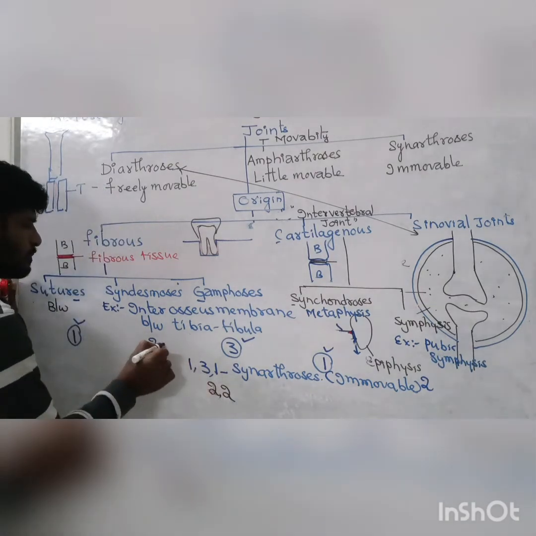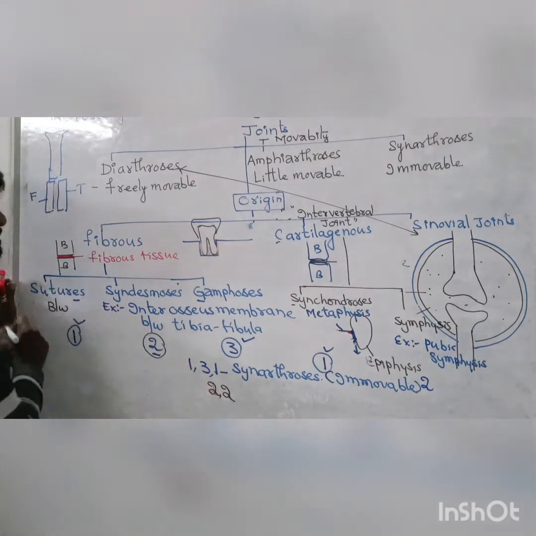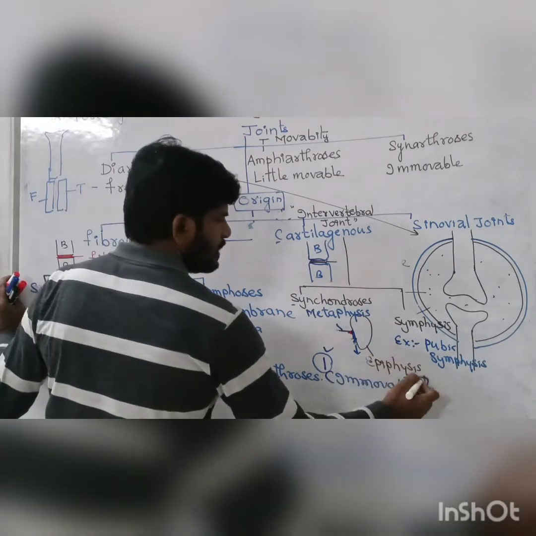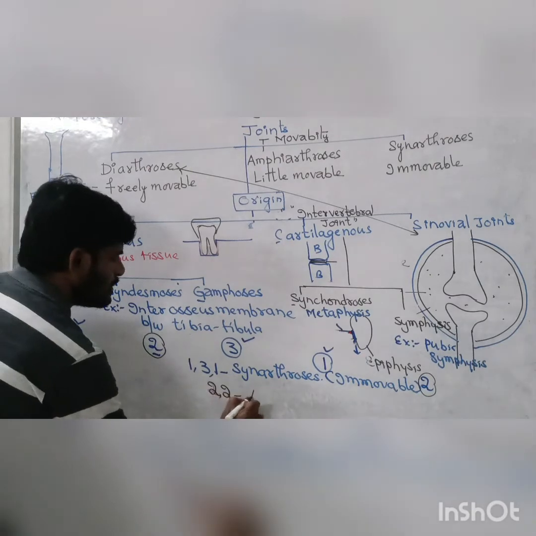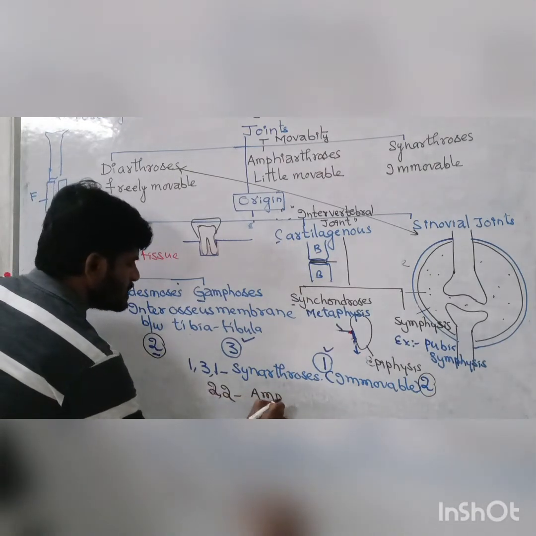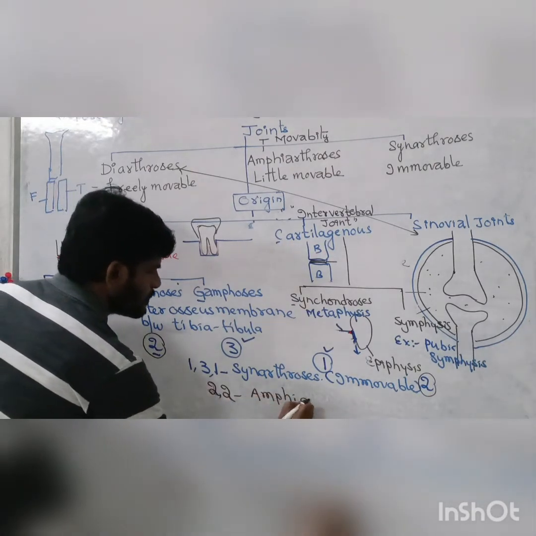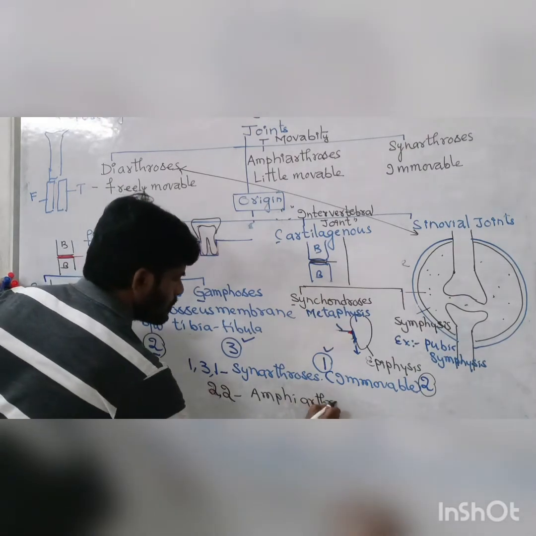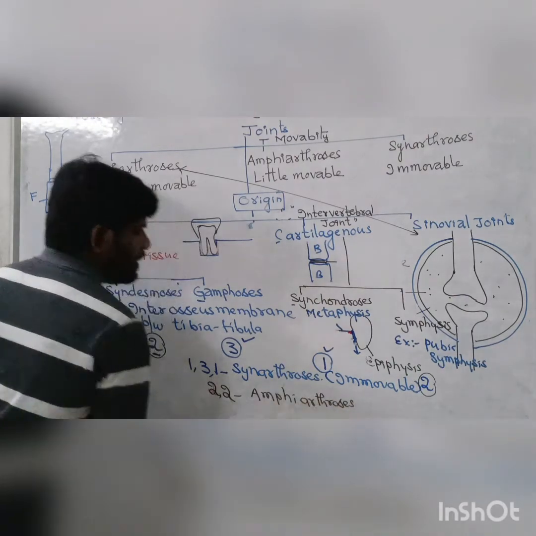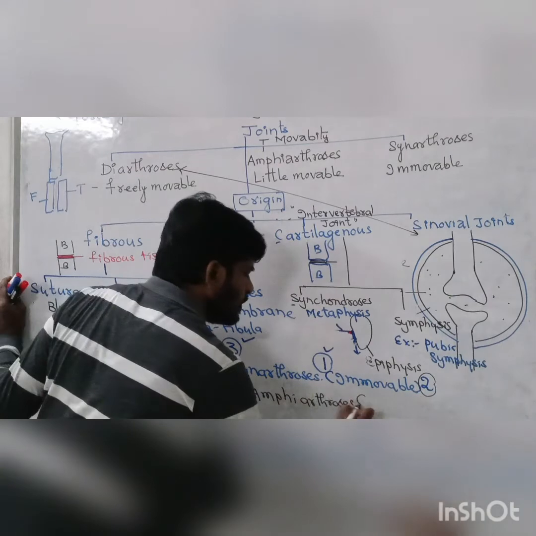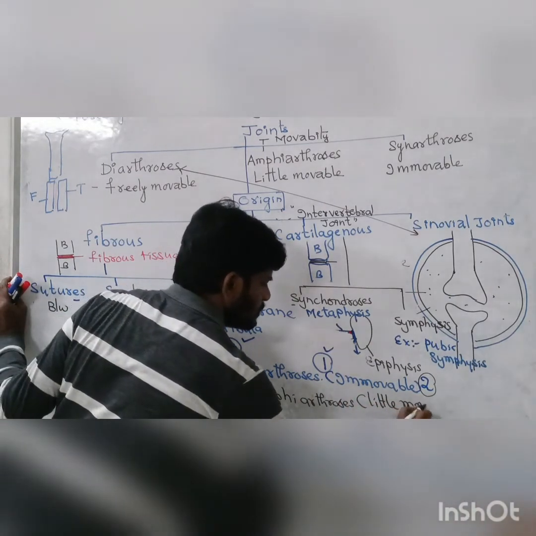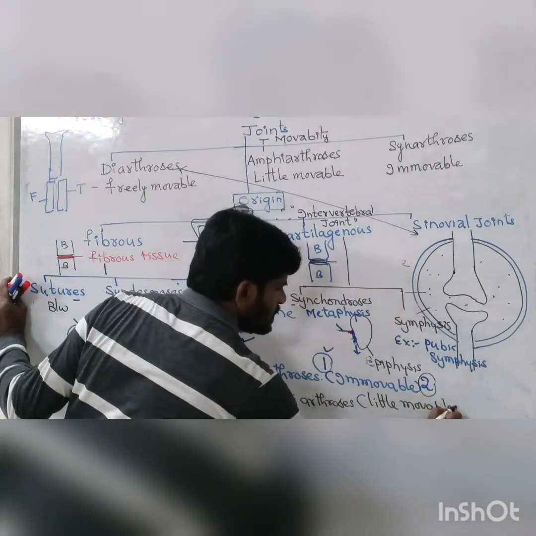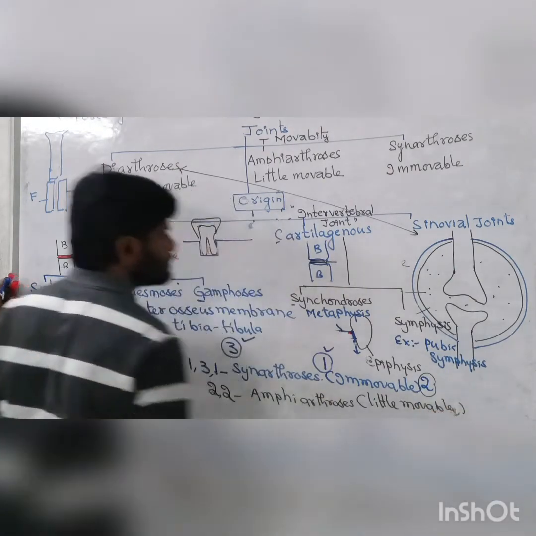I mean syndesmosis and symphysis. They are called amphiarthroses. Amphiarthroses are slightly movable.